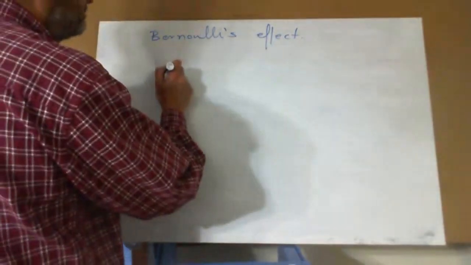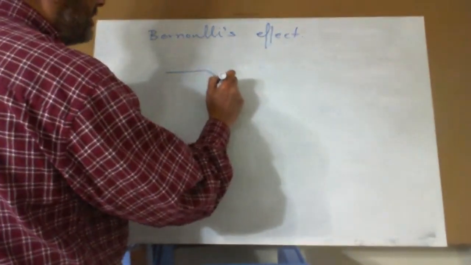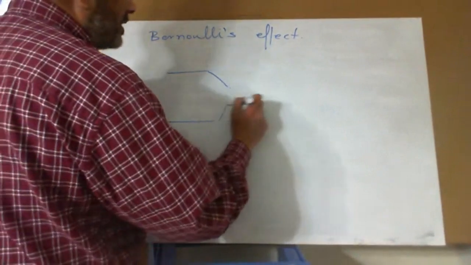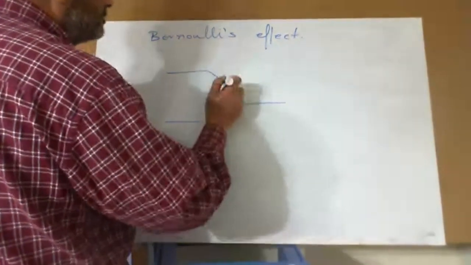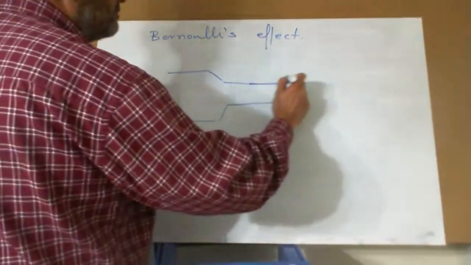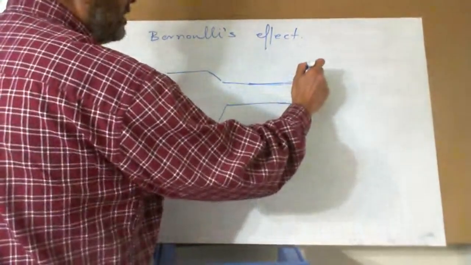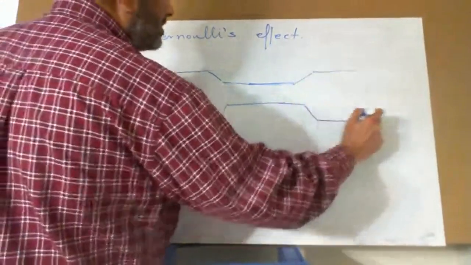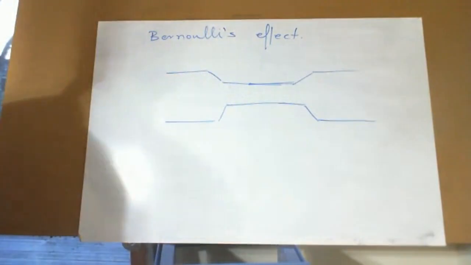So let's take a pipe, and let's say there's water flowing through this pipe, and the pipe narrows, and then again it gets larger.